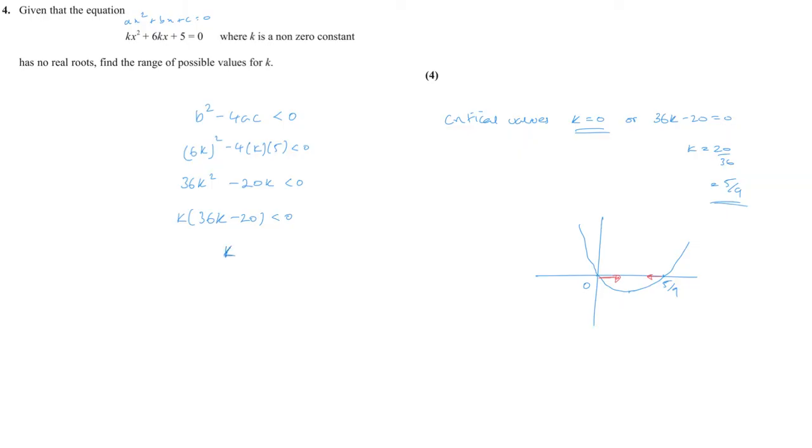Now it's one region, that central one, so I can put it as one inequality. So it's k less than 5/9 and greater than 0. And that's how I get the full marks. But obviously, if I'd taken the step I showed earlier, dividing by k, I lose one of the solutions and therefore lose a mark.